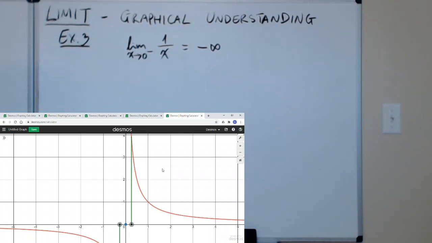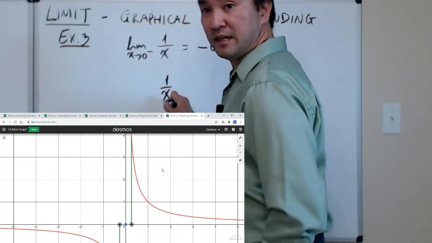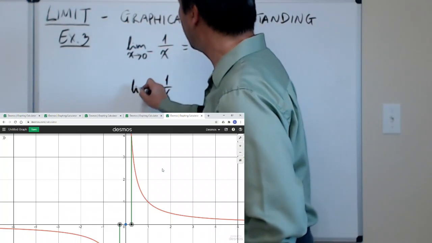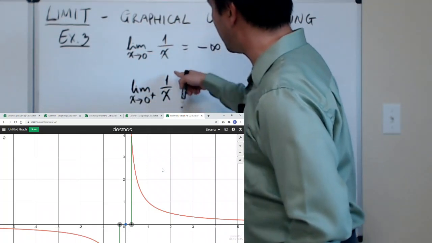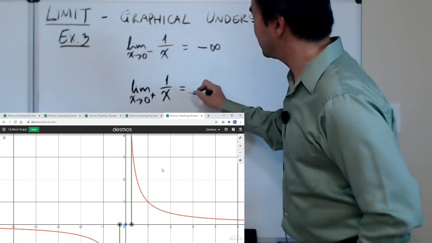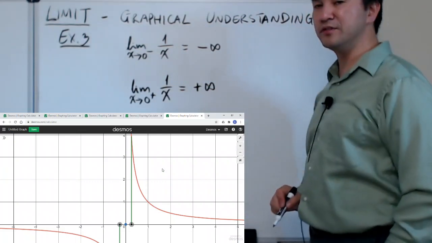So I can conclude that the function 1 over x has a limit equal to positive infinity when x comes to 0 from the right-hand side.